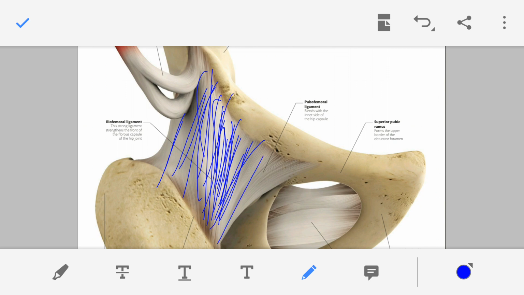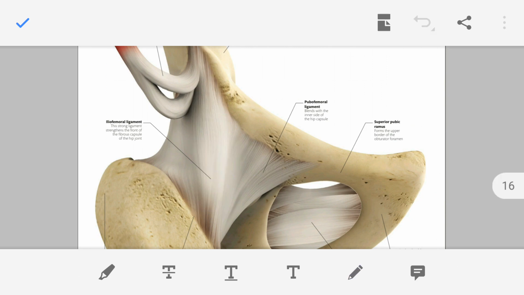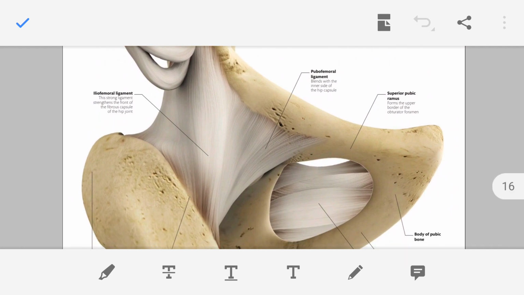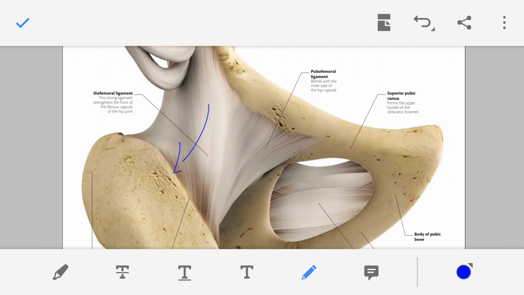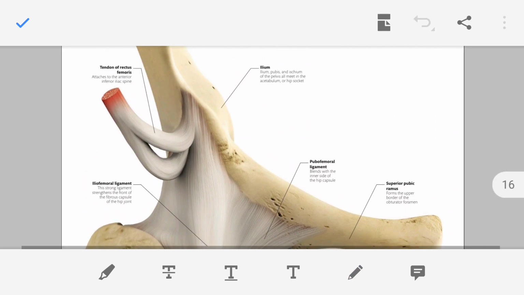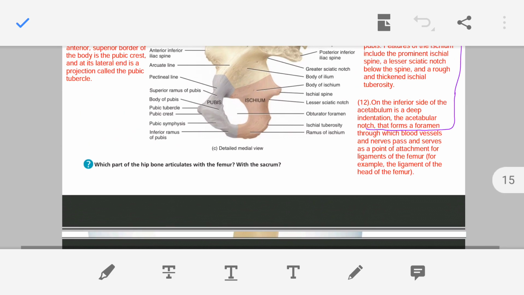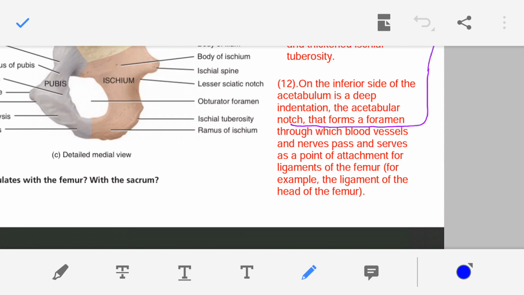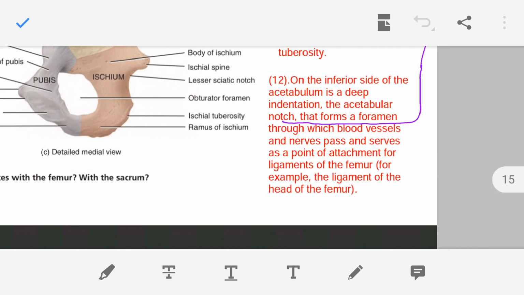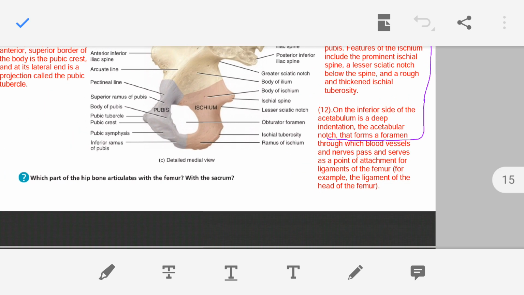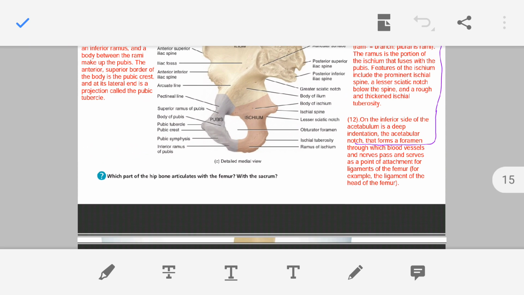That's why we cannot see that notch, but we can imagine that with the notch these ligaments are attached, and on the other side these ligaments are attached to the head of the femur bone. So this was the 12th point of our discussion. This point was regarding the acetabular notch. Okay, what is the role this notch is playing?